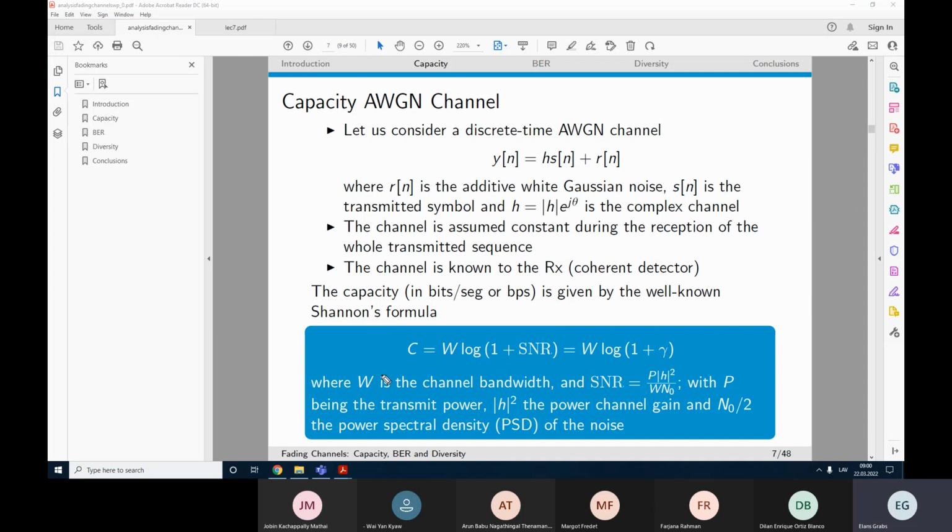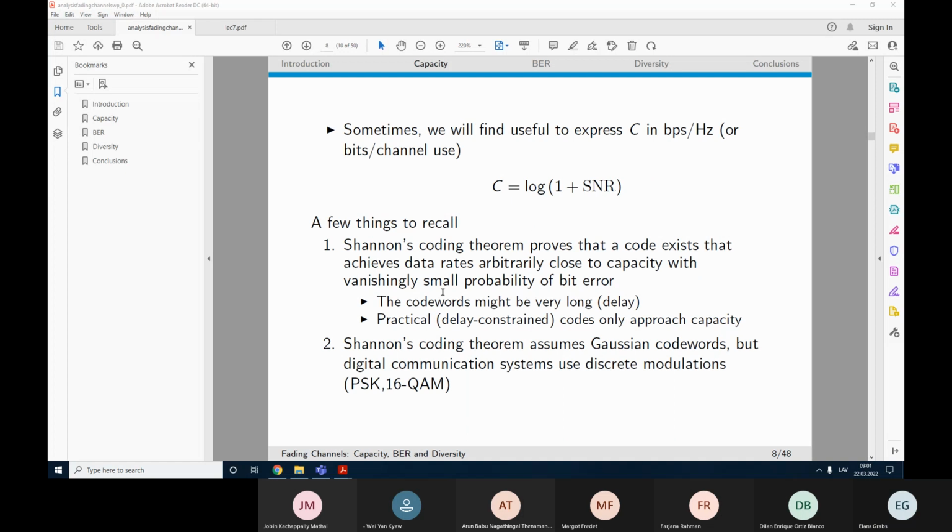And furthermore, since the signal to noise ratio will change, the capacity is also not going to be a constant value. So the maximum data transmission rate will also change in time. If we express it in bits per hertz, then we lose the bandwidth from this expression.